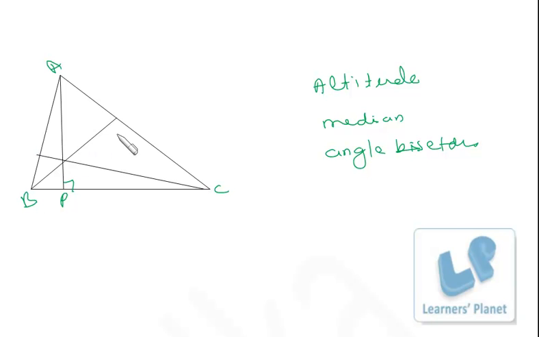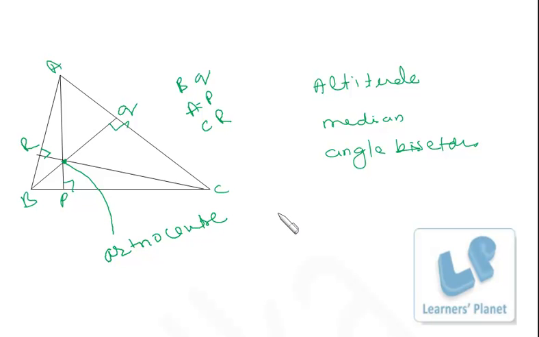Now you can see the altitudes on all the three sides are concurrent. Suppose this is P, this is Q, and this is R. That means BQ, AP and CR pass through a common point, and this common point is known as the orthocenter.